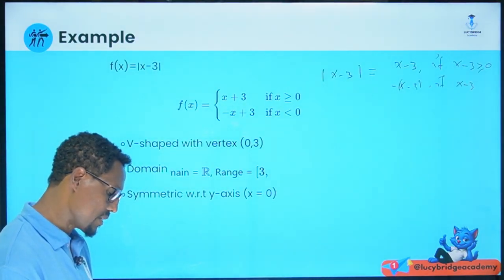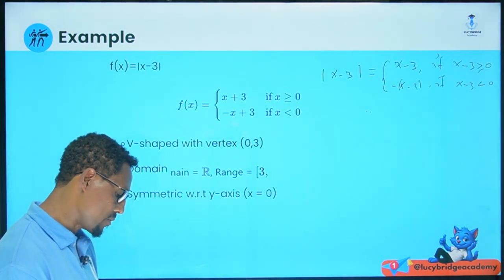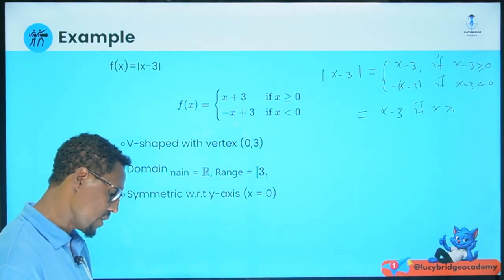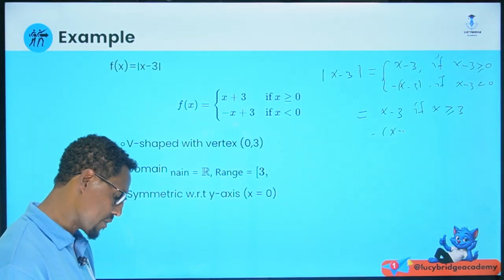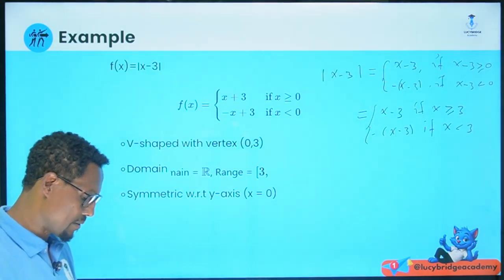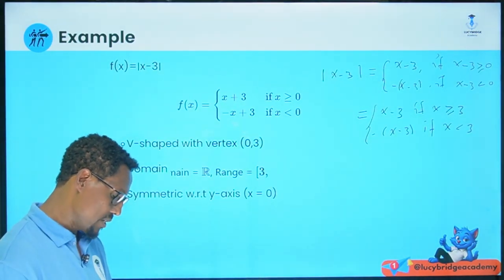So this means x minus 3 if x is greater than or equal to 3, and minus x minus 3 if x is less than 3.